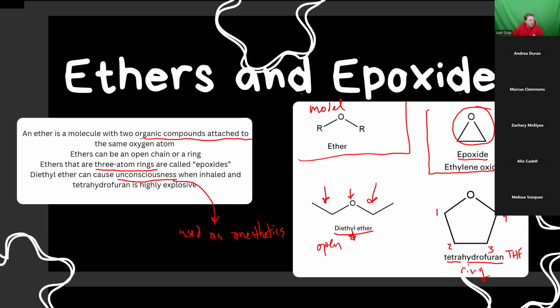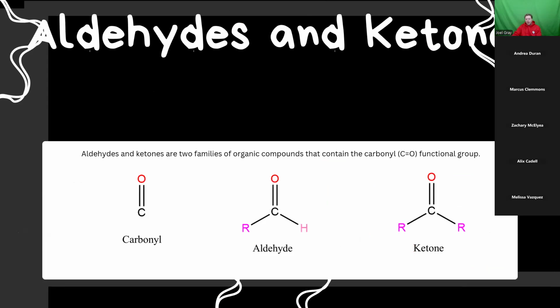All right. Now, our next class of compounds are our aldehydes and our ketones. I've got a poll question related to these, which I'm going to bring up in just a second. What I want you to notice about an aldehyde and a ketone is that they both have what's known as a carbonyl group.